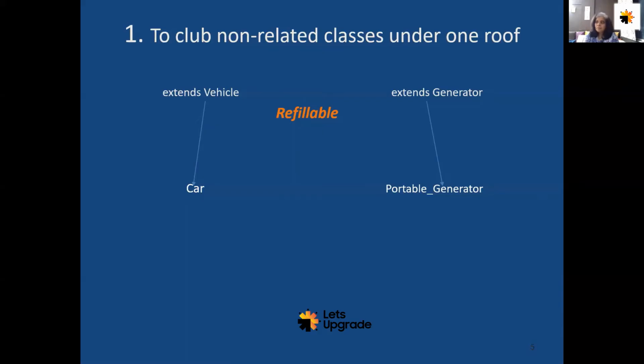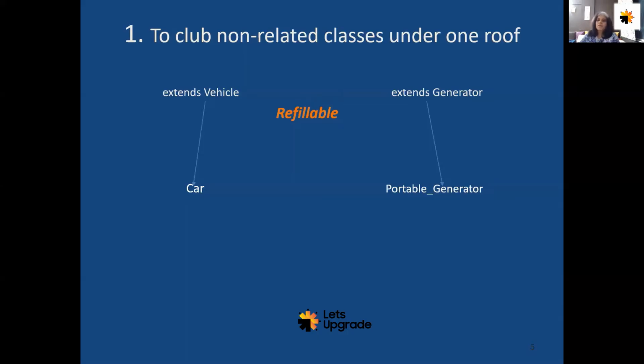If I create it as a class, the car which extends from vehicle cannot extend from another class, that is refillable. Same is the case with generator. And these two are different non-related entities. They should not extend from the same class, right?